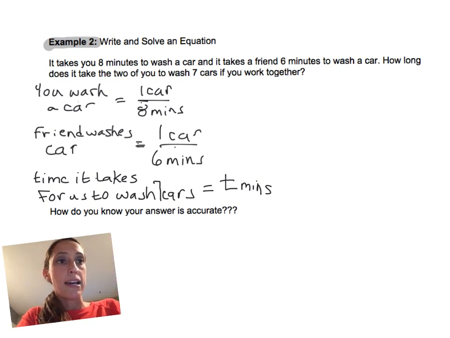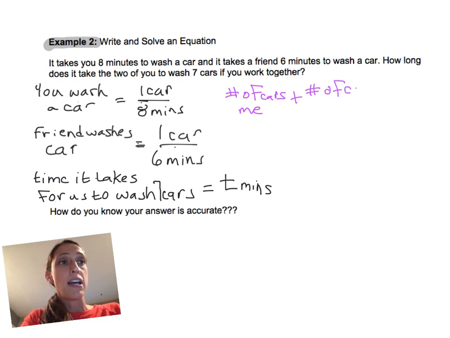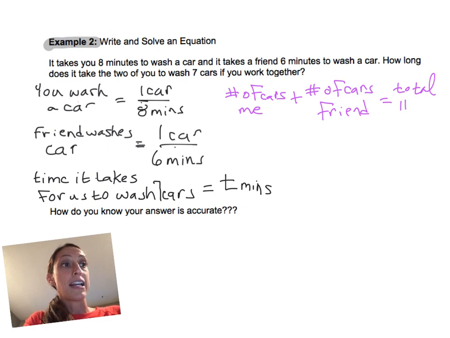So we're going to say the number of cars I wash, number of cars, me, plus the number of cars, and you can do it however you want, my friend washes, friend, will give us our total number of cars. And the total number of cars is kind of nice because they gave us that little gem in the problem. They told us we are going to wash 7 cars.